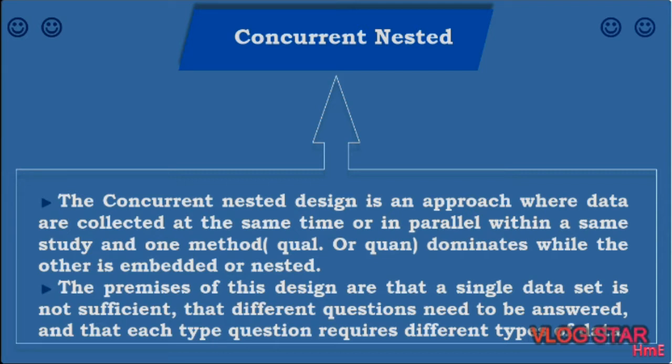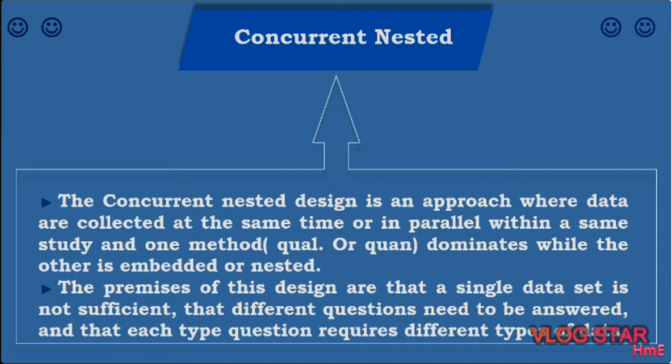That means a researcher can embed quantitative data within a qualitative method or qualitative data within a quantitative method. In this design, priority is given unequally to both methods.